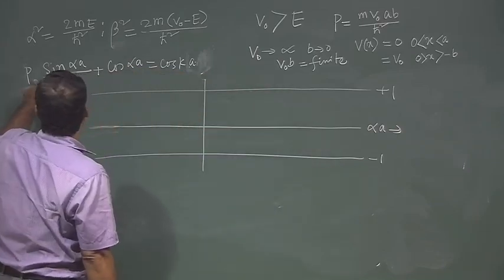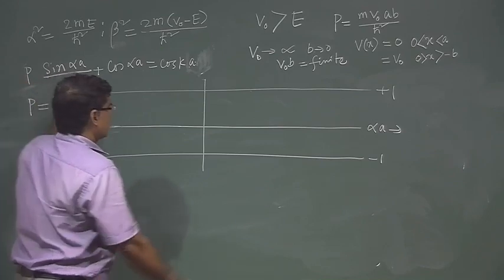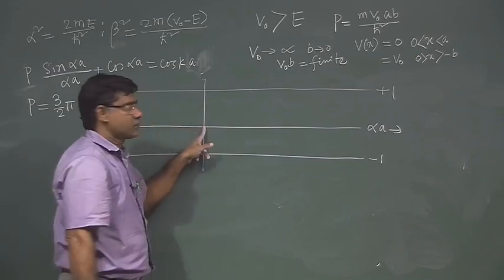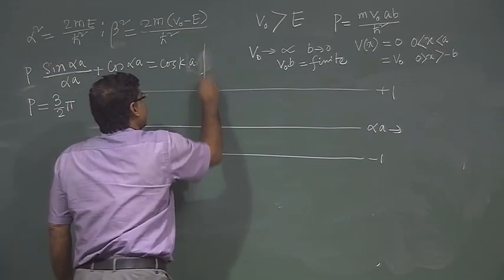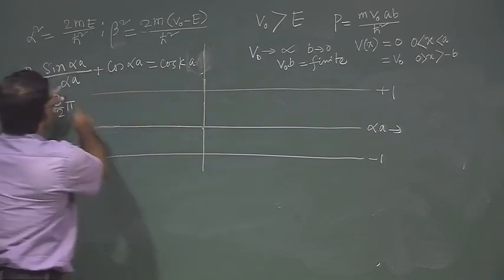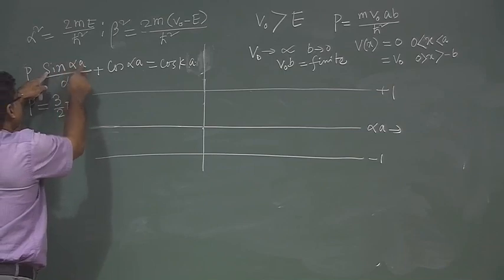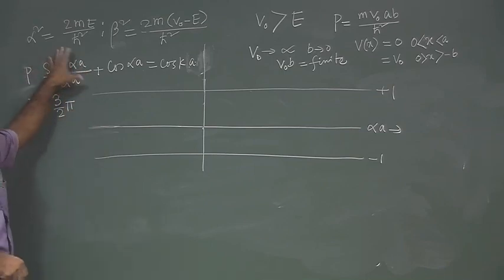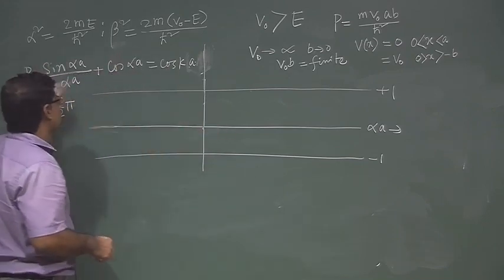But if I plot here, you see, this place is 0, the axis I have taken, okay. Now, if alpha a tends to 0, sin alpha a by alpha a is 1, limit alpha a tends to 0. That is why I have written in this form.